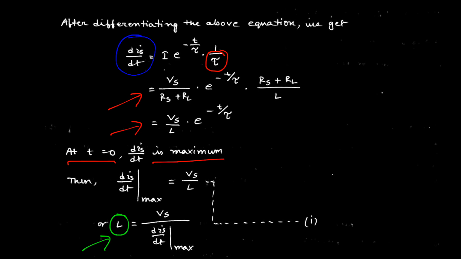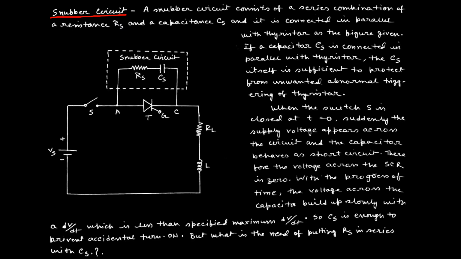Now we have to find out the value of Rs, which is given in the previous circuit. Here is Rs. The voltage across Rs should be equal to Is Rs, if we assume the circuit current Is is flowing through the snubber circuit.